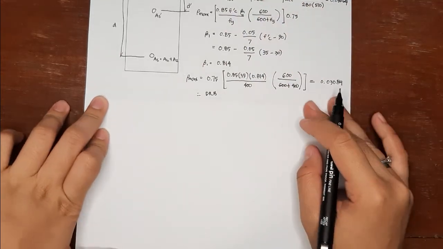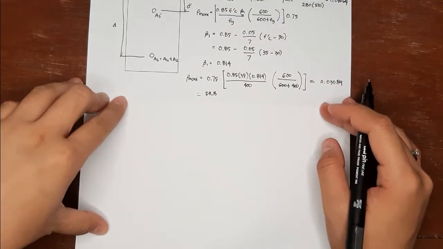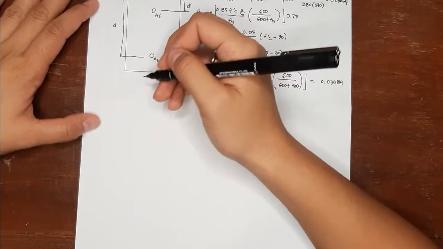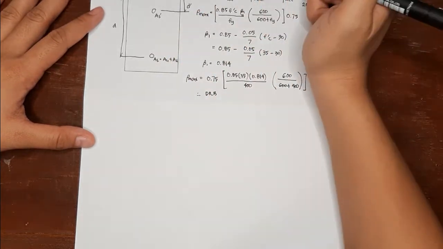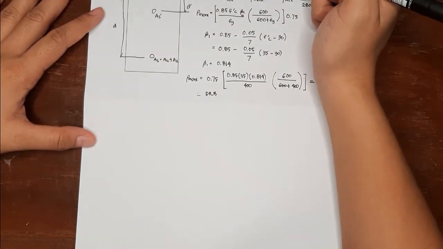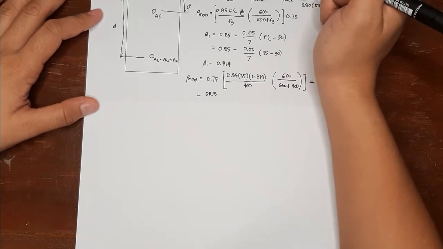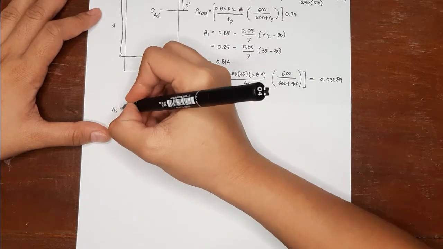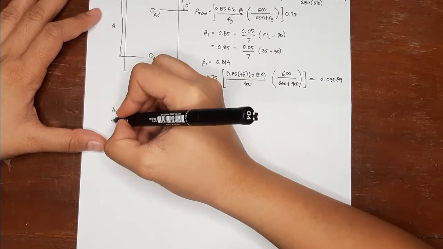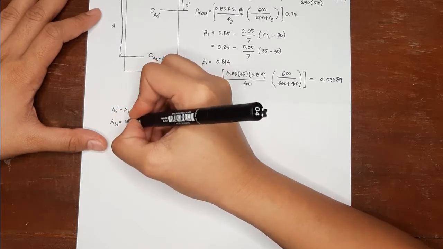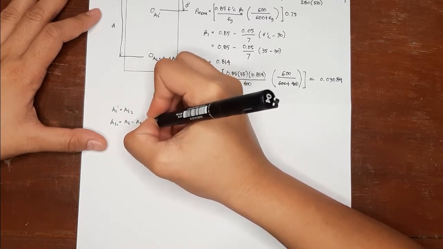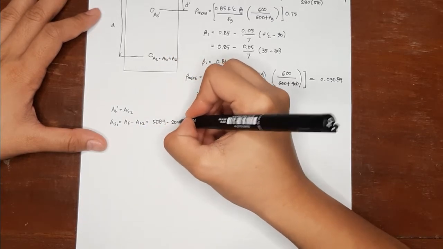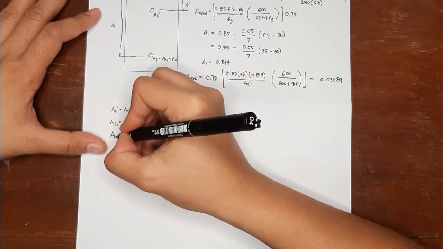Okay, since we know that this is a doubly reinforced beam, we can now solve for your A and the value of C in order for us to know whether your tension reinforcement or the compression reinforcement is yielding or not. Okay, assuming that our AS prime is equal to AS2, we can have your AS1 as your AS minus AS2, wherein this is equal to 5,089 minus 2,035.